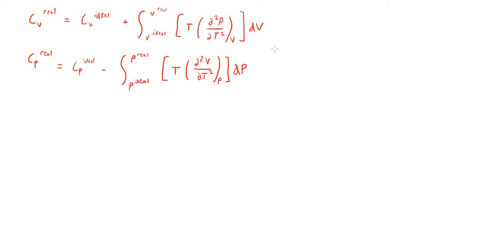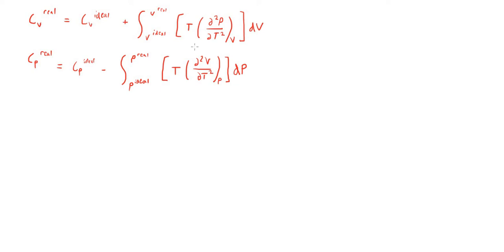It's likely that on the exam, if you were given a problem like this, that this correction term on the right for the CV and the CP would probably go to 0, but you would still have to show that this would go to 0, because in most of the problems that we work with, the second derivative of volume with respect to temperature is equal to 0.